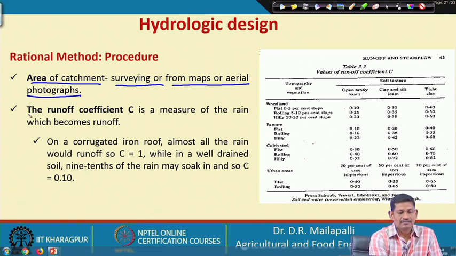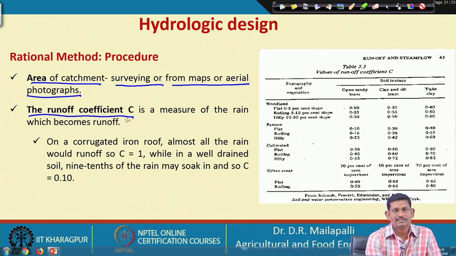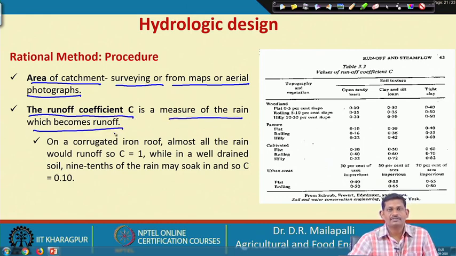The next parameter is the runoff coefficient, which is C. This is a measure of rain which becomes runoff. So, this runoff coefficient gives the part of the rainfall that will become runoff.